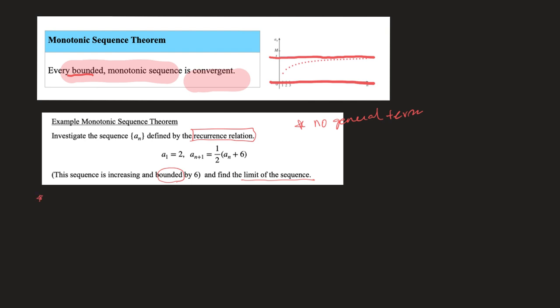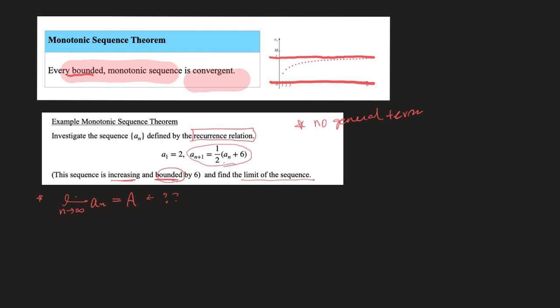You can check it in my notes. This sequence is increasing and bounded, so they guarantee it converges, which means there is a limit. And a_n approaches a certain specific number, that's the A. So we're going to find the value of A. What is A going to be? They exist, so we want to find it.